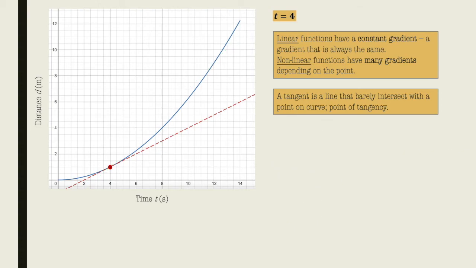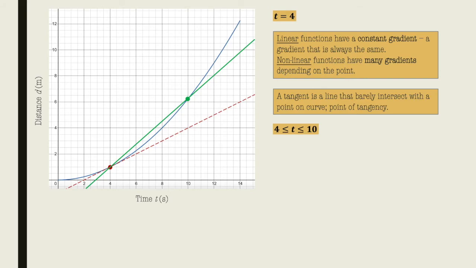Alright, let us repeat this process, but this time we shall make the interval a little smaller by moving the upper endpoint a little closer to the point we are looking to find the instantaneous rate of change for, which in our case is t equals 4. Let's make the interval between t equals 4 and t equals 10.